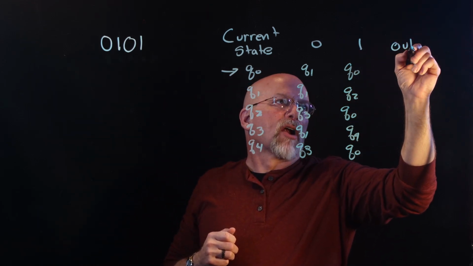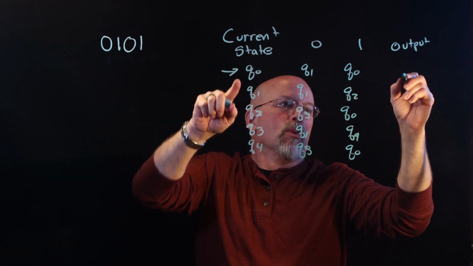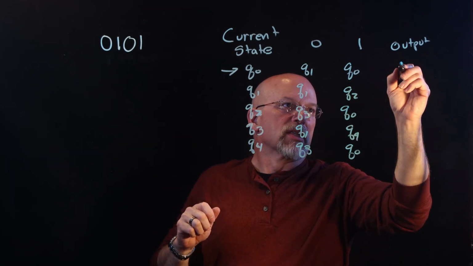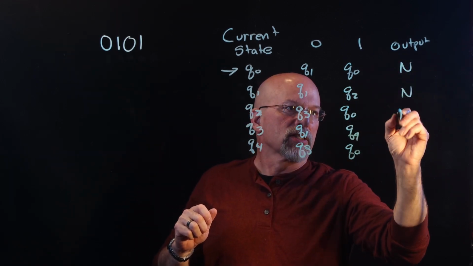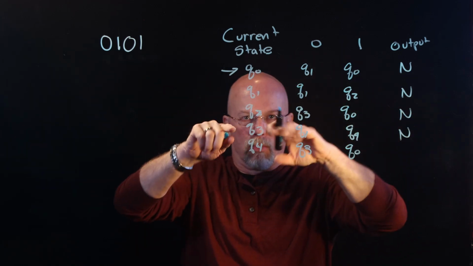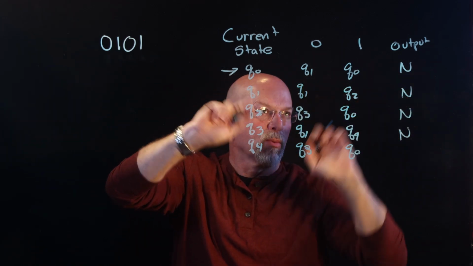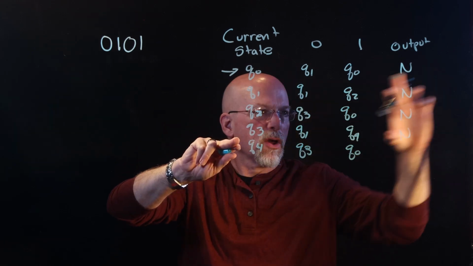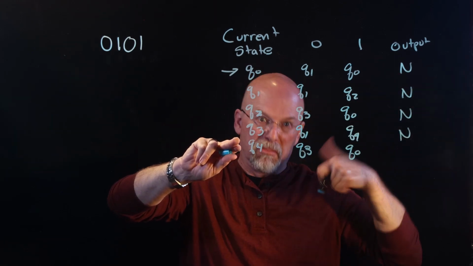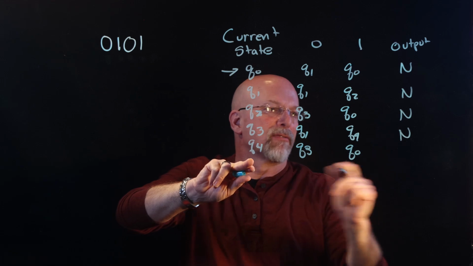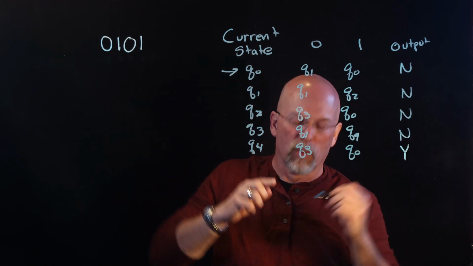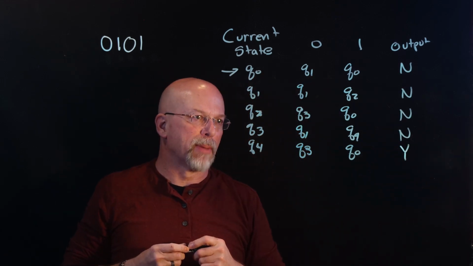Now, let's take a look at our output. So basically what we're saying is that we're associating the state with the output, and none of those states are going to give us a yes, we got it. The state Q4 is the only one that says, yes, we've got the full pattern.